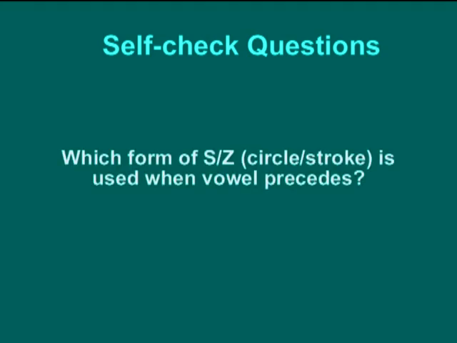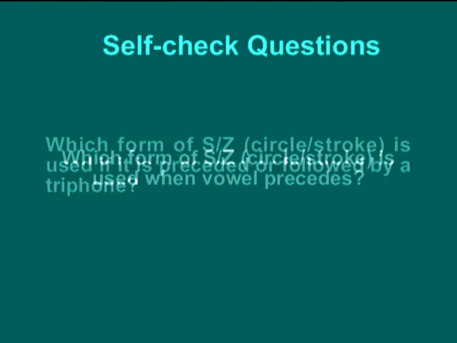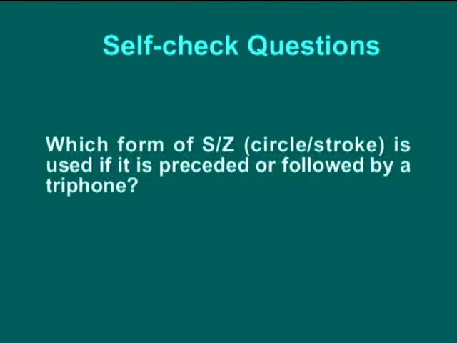Now you may test your knowledge by answering the following questions. Which form of S or Z, circle or stroke, is used when a vowel precedes? Which form of S or Z, circle or stroke, is used if it is preceded or followed by a triphone?